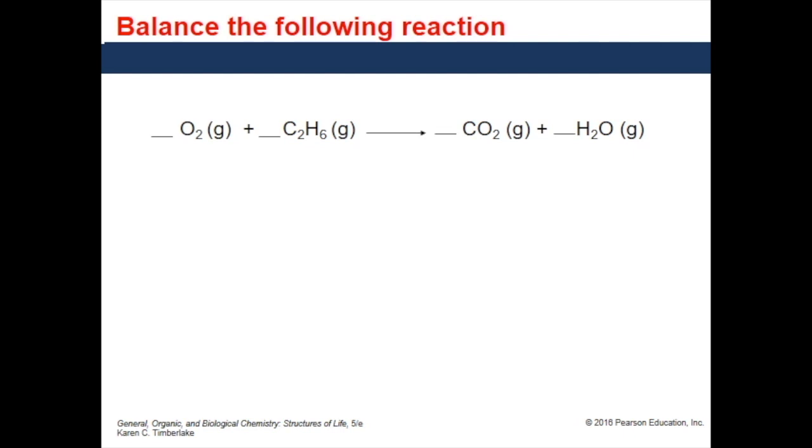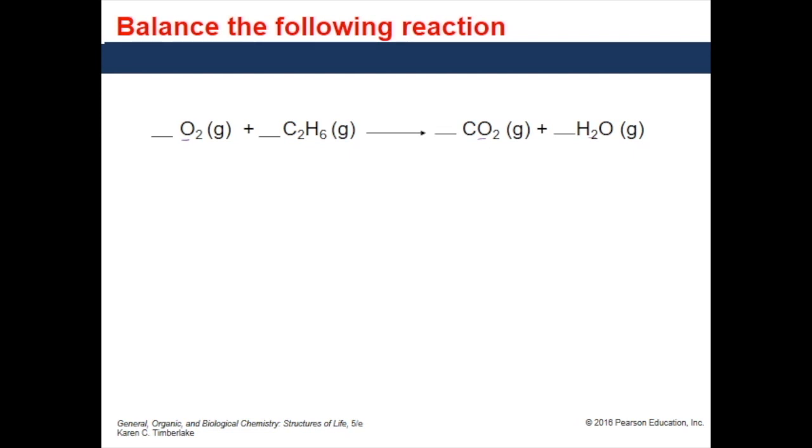So my suggestion to you would always be, whenever you see a reactant and product reaction, always leave the atom which is common to different reactants and products for the end, which means, for instance, right here, oxygen, I see that it is present in both the products. So I'm going to leave oxygen for the end.